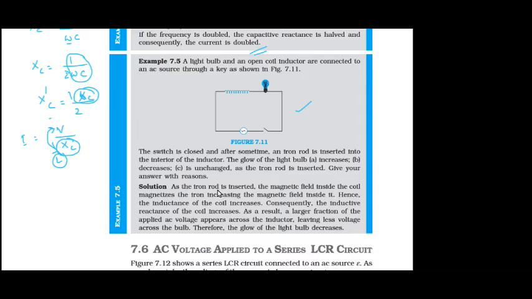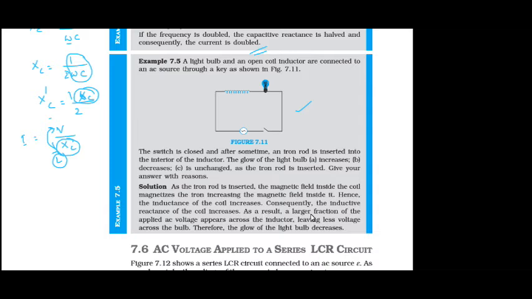Solution. As the iron rod is inserted, the magnetic field inside the coil magnetizes the iron, increasing the magnetic field inside it. Hence, the inductance of the coil increases. Consequently, inductive resistance of the coil increases.